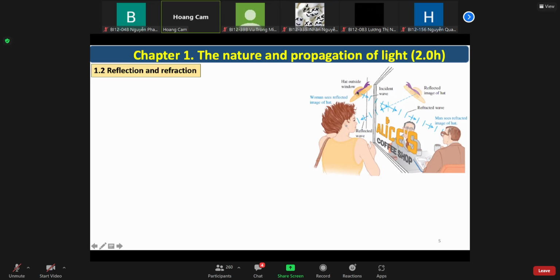When we observe some object in the surrounding world, in fact it is the light that helps us to observe. The light goes from the object to our eyes, and the interaction between the light and the object and some optical devices will produce some kind of image, and what we observe is that kind of image.